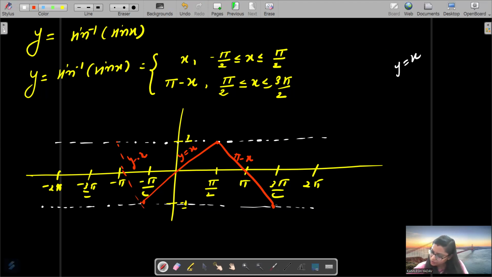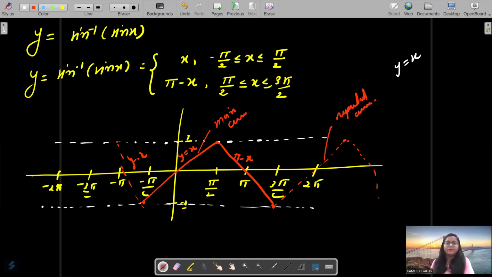Then here also we draw the straight line, and so on. Because this is a periodic function, the graph is repeated. So here we see this is the main curve, and this is the repeated curve. Okay, so this is the graph of sin inverse of sin x.